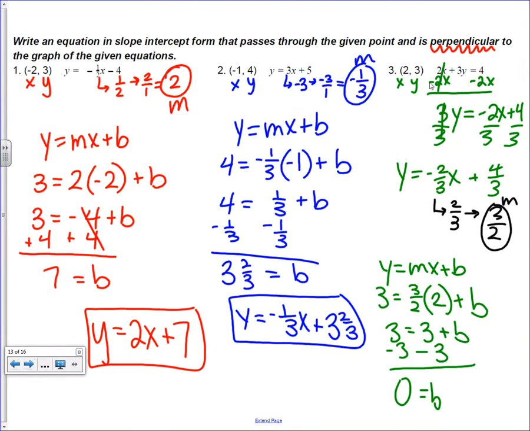You do just get 0, which is fine. What is my final answer? Not plus b. I could just leave it like that. It could be plus 0 as well because it goes through the origin, doesn't it, folks? Go through the origin? 0, 0? Yeah.